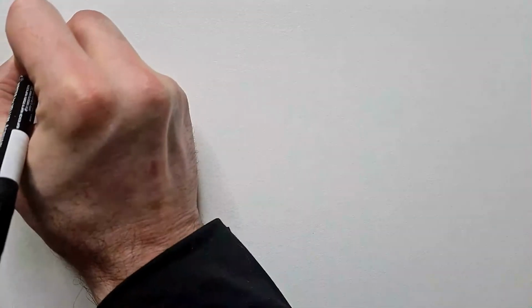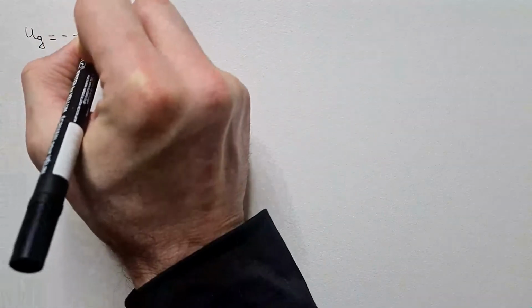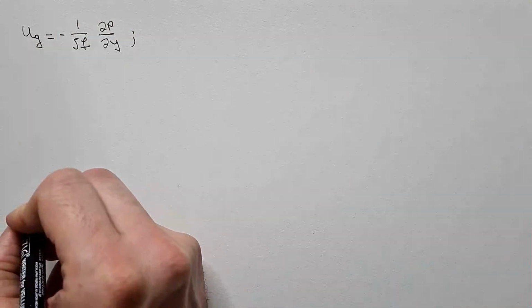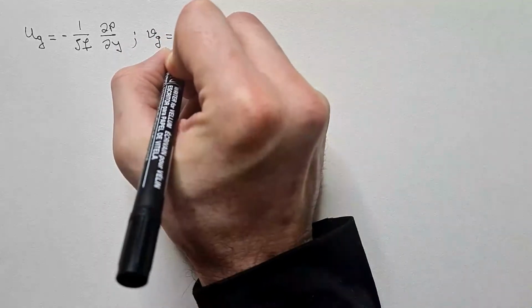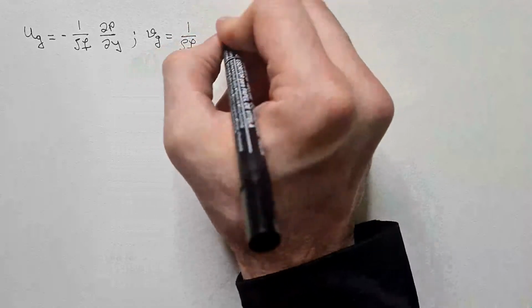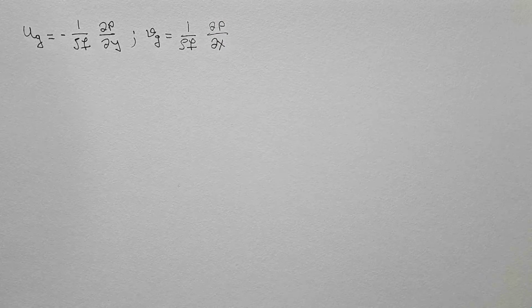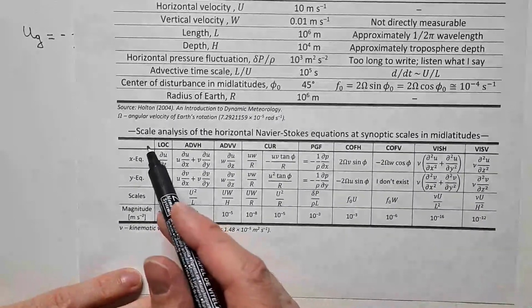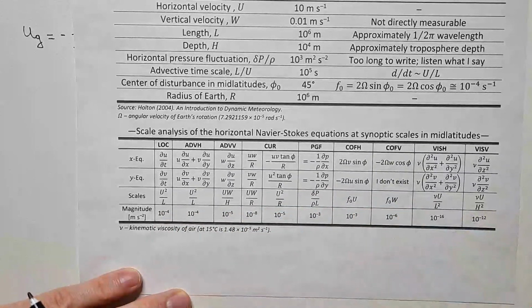We saw that geostrophic wind components are u_g is negative 1 over rho f ∂p/∂y, and the v component of geostrophic wind is 1 over rho f ∂p/∂x. And I hope you remember we got them by performing scale analysis of the horizontal Navier-Stokes equations at synoptic scales in mid-latitudes.